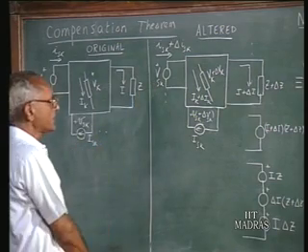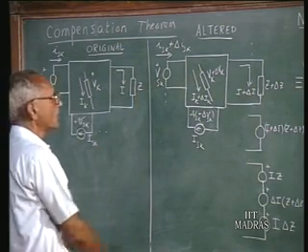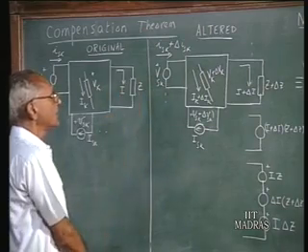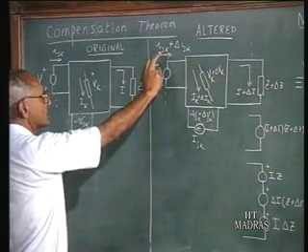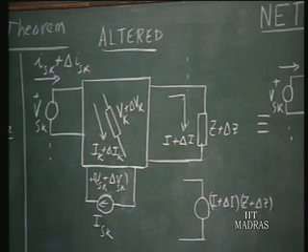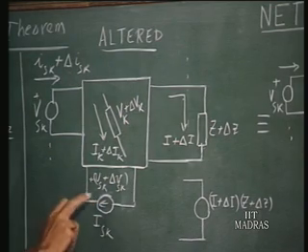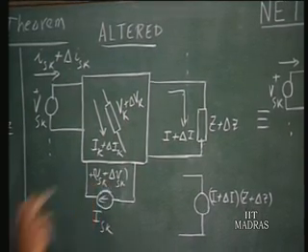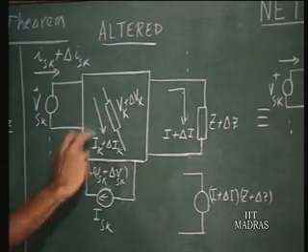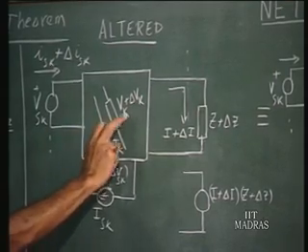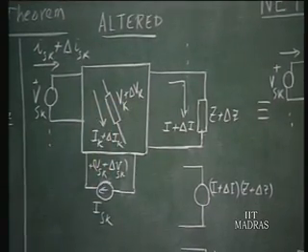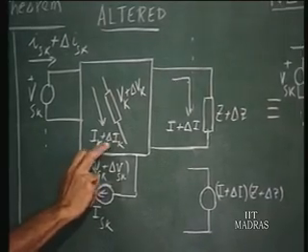The independent voltage source cannot change, but the current changes from ISK to ISK plus delta ISK. The voltage across the current source changes from VSK to VSK plus delta VSK, and the general voltage of an element changes from Vk to Vk plus delta Vk, and the current in this changes from Ik to Ik plus delta Ik.